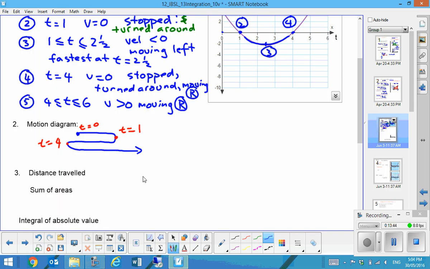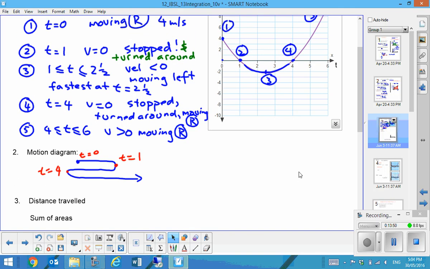Remember we talked about, in the first 2 examples, the area under the graph. So the distance travelled is going to be this area. All right, that's a nice positive direction. But if I want the total distance travelled, then this is a positive, that's okay. That's how far it's travelled.